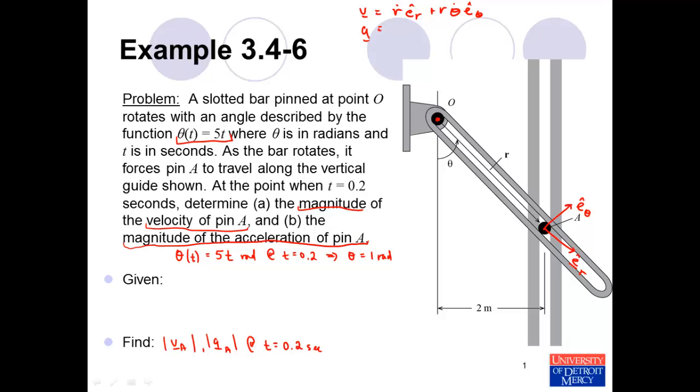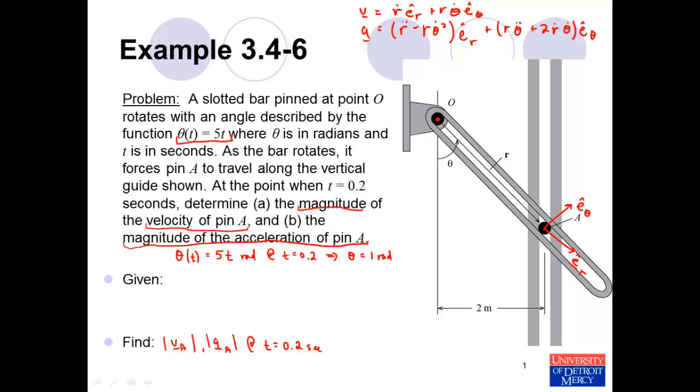And then acceleration is r double dot minus r theta dot squared in the radial direction plus r theta double dot plus 2r dot theta dot in the transverse direction.